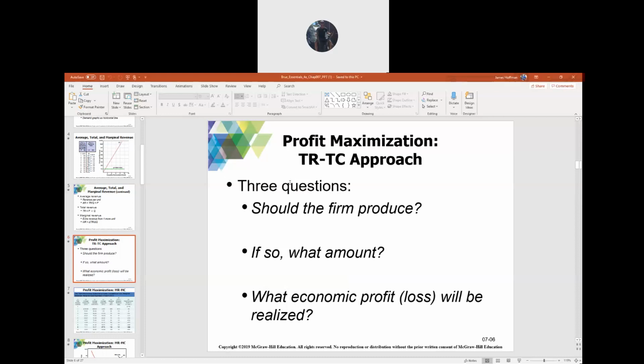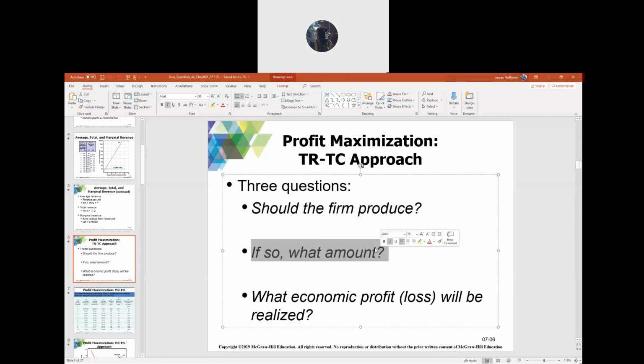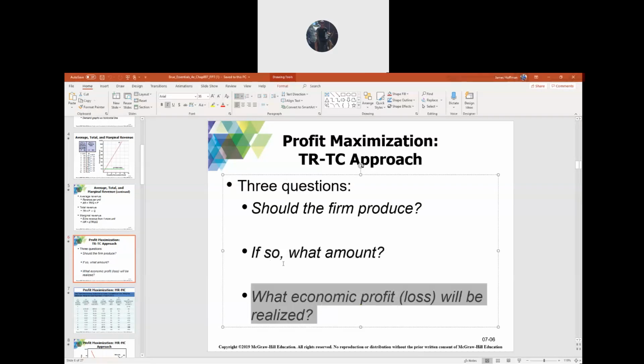So we're going to go through a little process of the profit maximizing decision of a purely competitive firm in the short run. This is a purely competitive firm which takes the prices given and decides how much output the firm wants to produce, if any. So these are the questions we're going to look at. In this type of market, should the firm produce? If so, what amount, and what's the profit or the loss if they do produce?